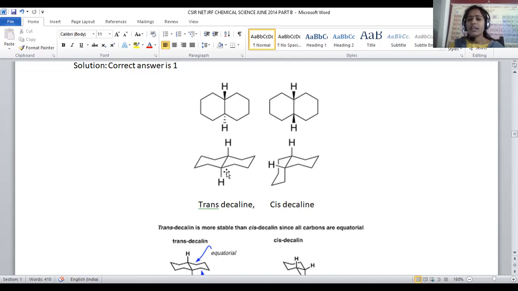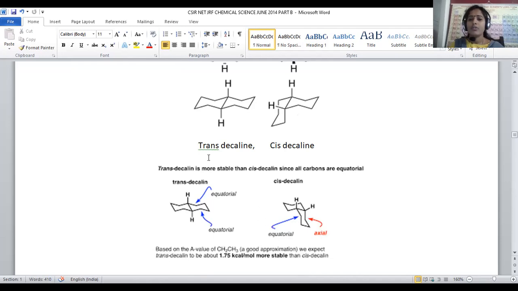So from this diagram, you can clearly understand that trans is more stable when compared to cis, because whenever a bulky group is present in the axial position, that is not at all favorable, because it will induce ring strain. That is the reason why the cis isomer will be less stable when compared to the trans isomer, because in the trans isomer both ring systems are in the equatorial manner, whereas in the cis, one ring is equatorial and another ring is in the axial position.